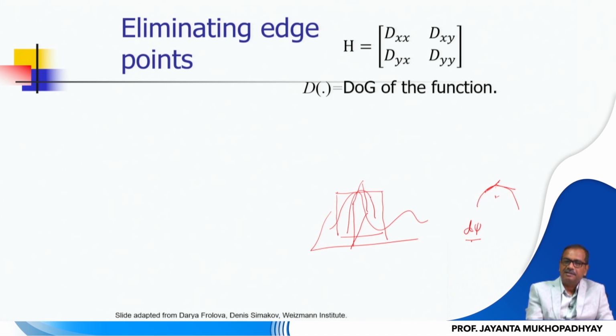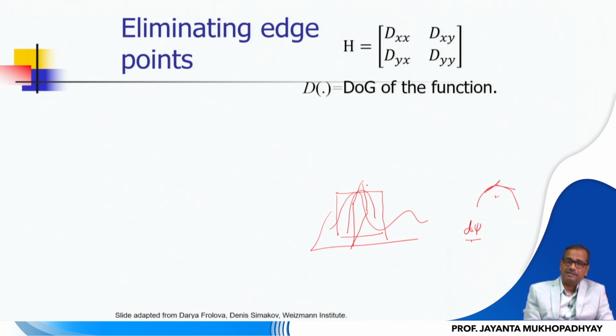Around this point there are certain directions where the curvature would be maximum and minimum. So the Hessian matrix can give me those two directions and two curvatures. Like the previous case of the Harris operator, with minimum change and maximum change, here instead of the changes it considers the curvature: minimum curvature and maximum curvature.